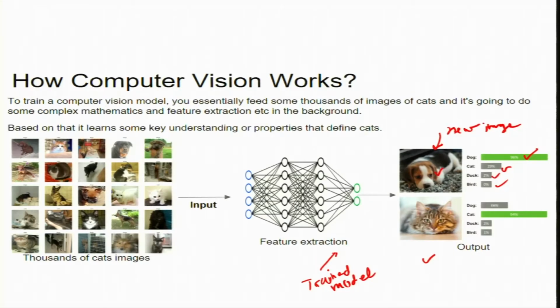Now, if you apply a threshold, that if it is more than 90% probability of a particular class, then you can declare that this is an image of a dog and the other image is an image of a cat. This is a simple way to understand how computer vision works with the help of an algorithm and a data set.